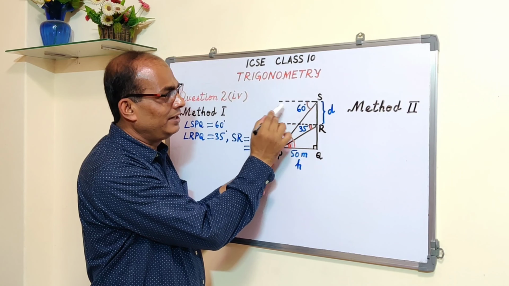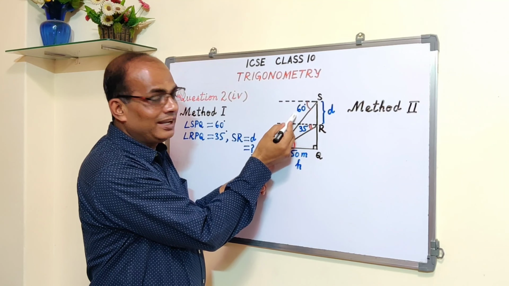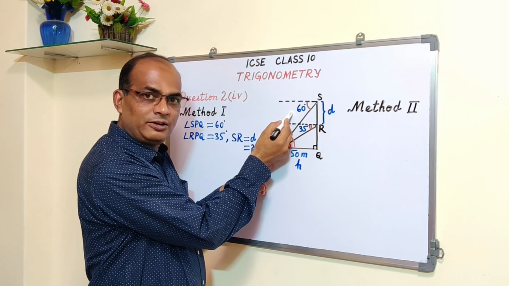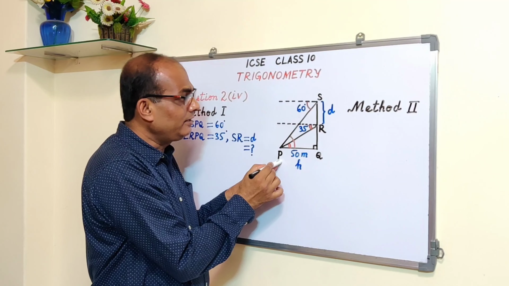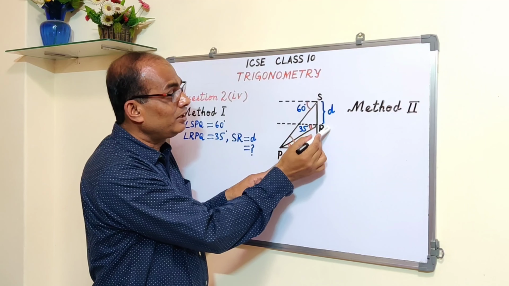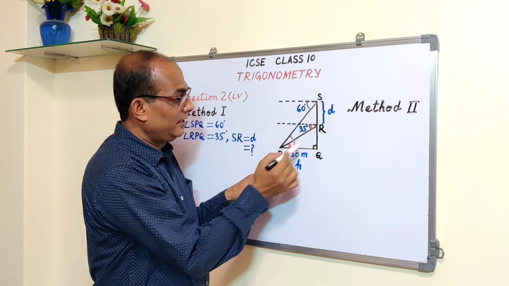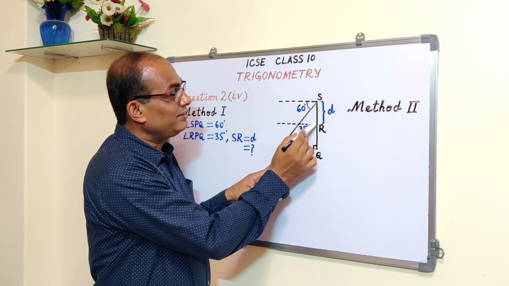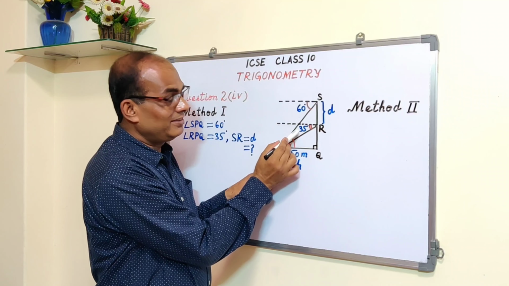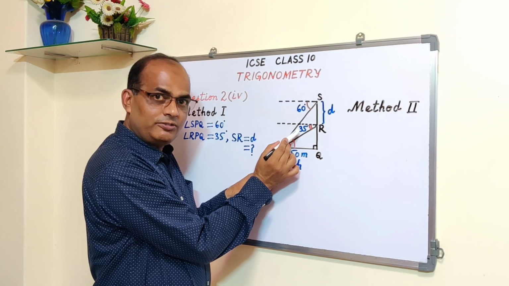This angle 60 degree is the angle of depression when you see the object P. And from this position R, when you see the object P, the angle of depression is this 35 degree, with this being the horizontal line.